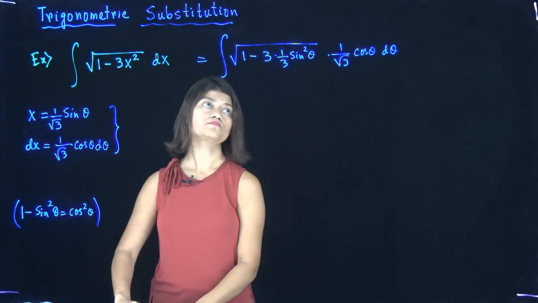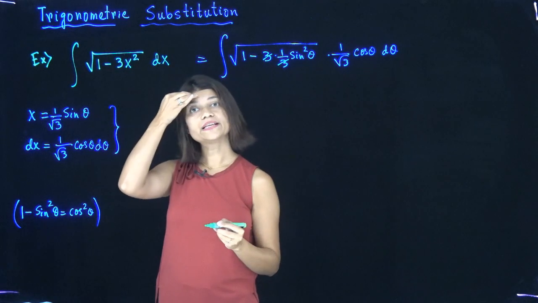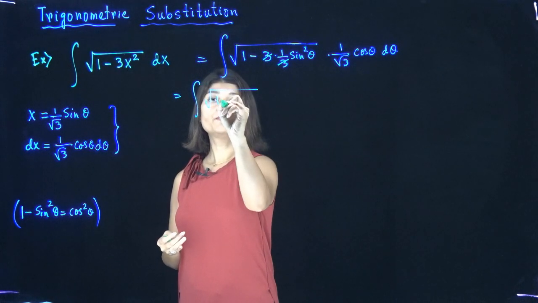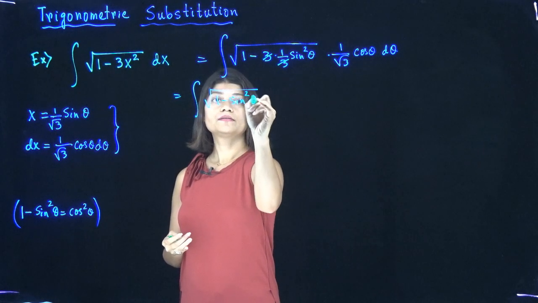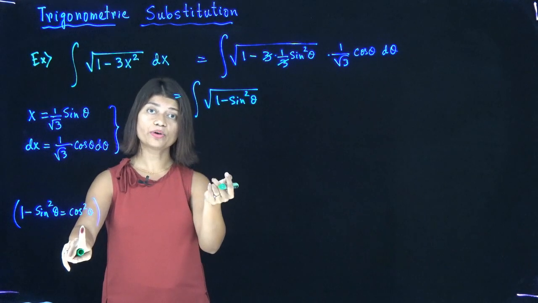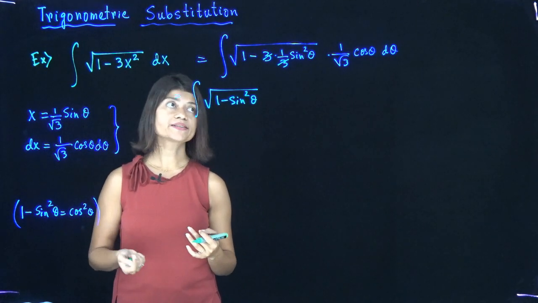Do you see what happens inside the square root? The 3 cancels, and you end up getting the square root of 1 minus sine squared theta. That's exactly what I wanted, right? So I can write it as one term, cosine squared, which is a complete square, and I won't have a square root in the next step.